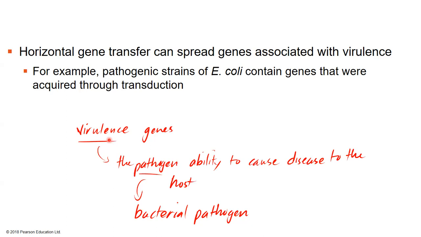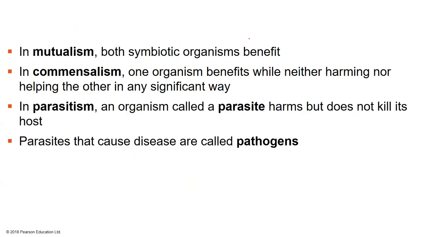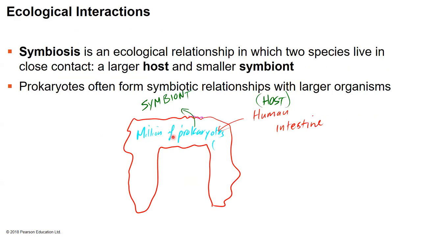Some bacteria can acquire virulence genes by horizontal gene transfer. So sometimes this E. coli, remember when I told you that we have millions of prokaryotes inside our intestine? Some of these prokaryotes are E. coli, but this E. coli is basically not harmful.